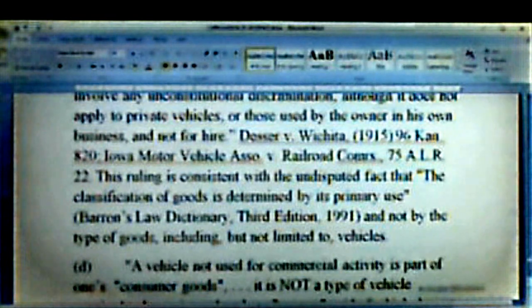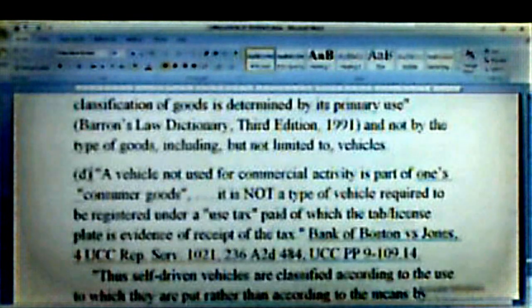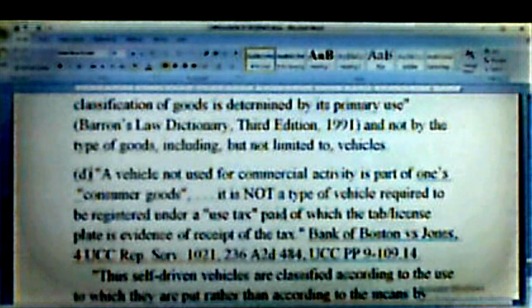And D, a vehicle not used for commercial activity is part of one's consumer goods. It is not a type of vehicle required to be registered under a use tax, proof of which the tab/license plate is evidence of receipt of the tax. Bank of Boston versus Jones, 4 UCC Rep.